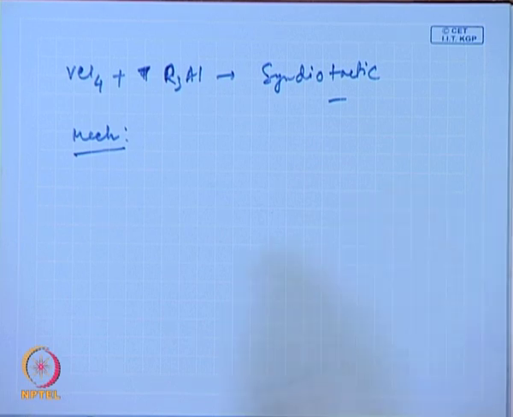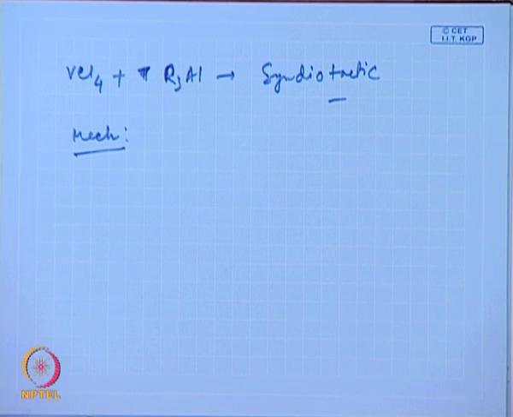There have been a lot of studies and a lot of mechanisms proposed during the last several decades, and till now there is no mechanism which has been accepted by all the polymer chemists or the scientists working in this field. And so, this Ziegler-Natta polymerization is still not completely understood.